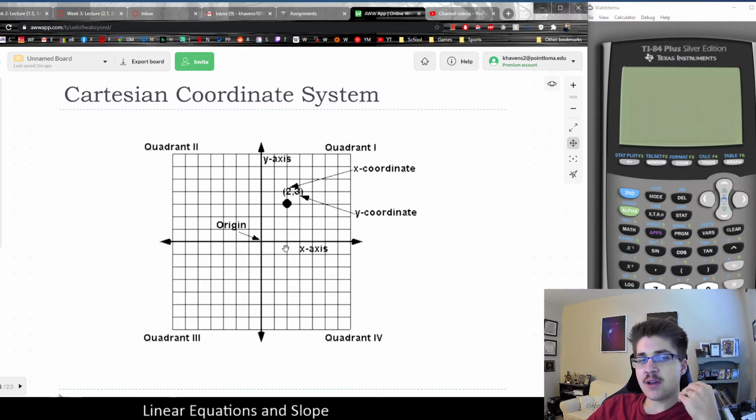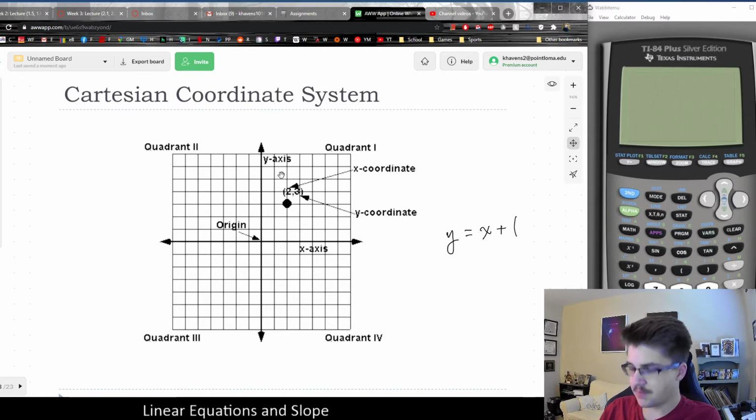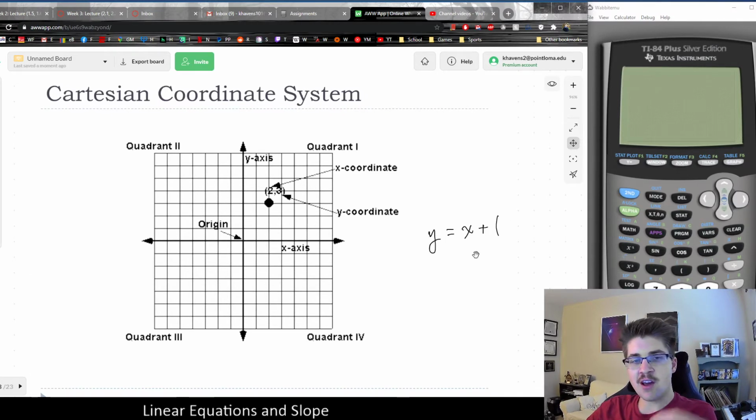Anyways, then in an equation, what we call a coordinate or a point or an ordered pair basically is representative of x and y at the same time being a solution to an equation. Because in a linear equation, let's just invent one real quick: y is equal to x plus 1. The issue is there's not a single answer.